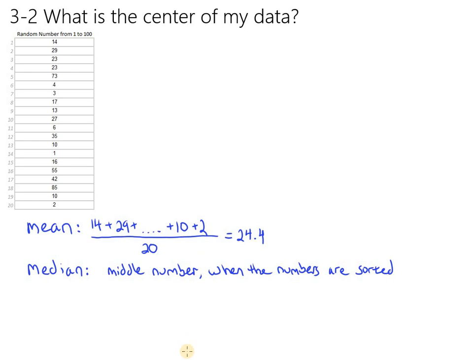So let's go ahead and get those data points sorted. There they are. The smallest number is 1, the biggest number is 85. When you've got an odd number of data points, you just pick the middle one. For an even number of data points like we have here, it's the average of the middle two numbers.